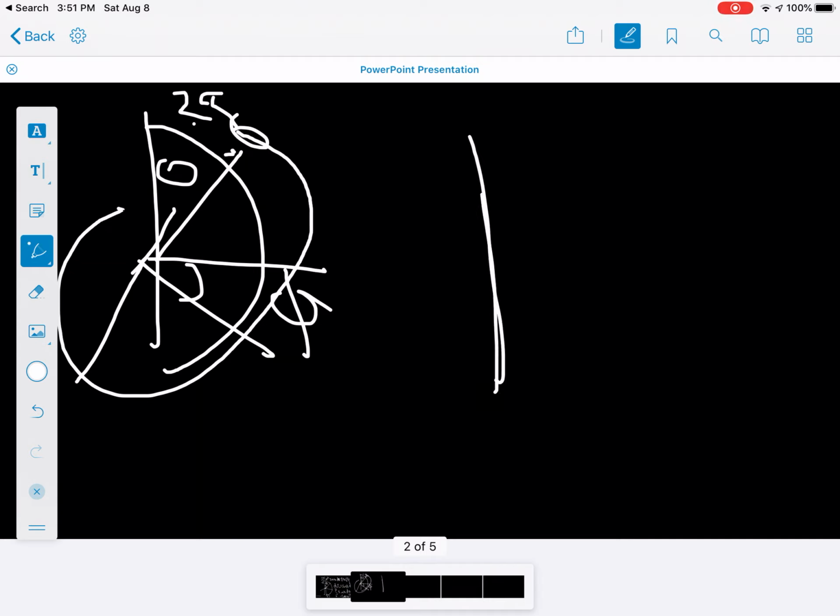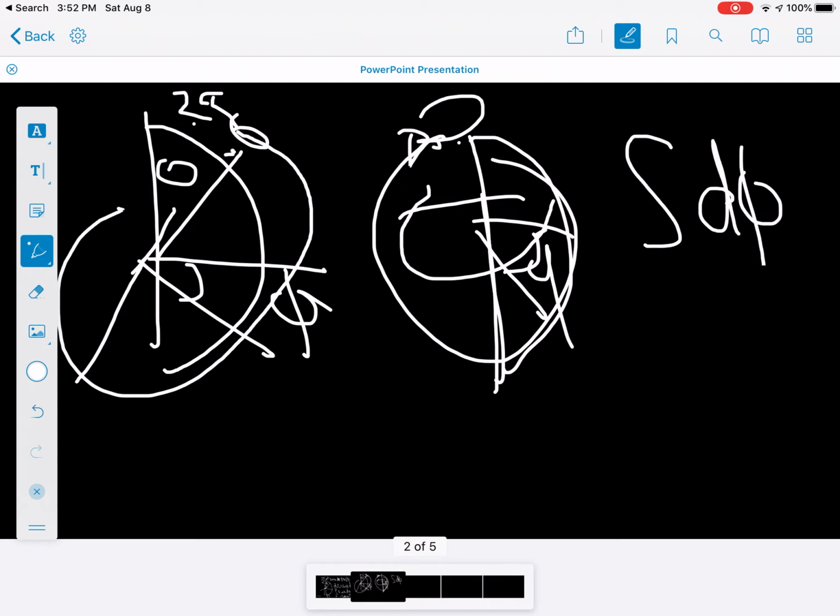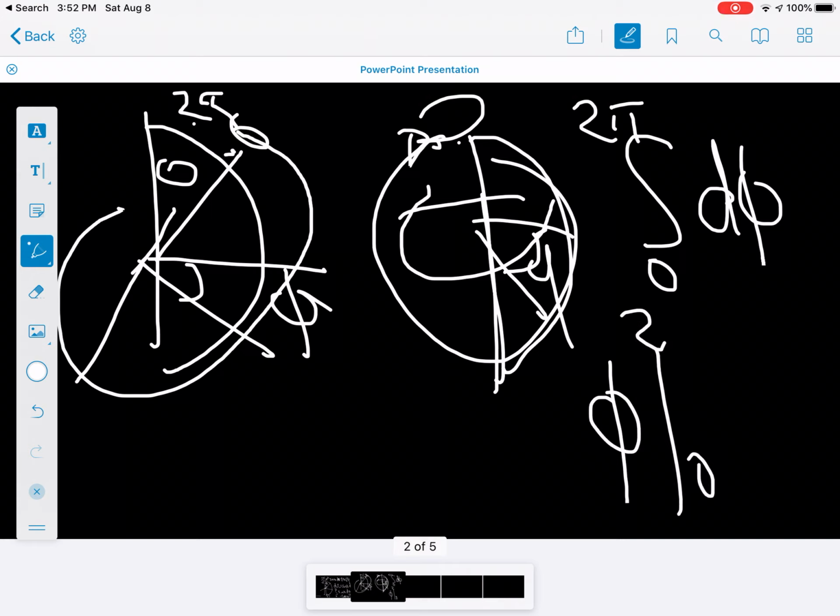So you take this semicircular arc and revolve it around, sweeping it around, and that way you form a sphere. The integral of d phi goes from 0 to 2 pi, so you just get phi evaluated from 0 to 2 pi, which is 2 pi.